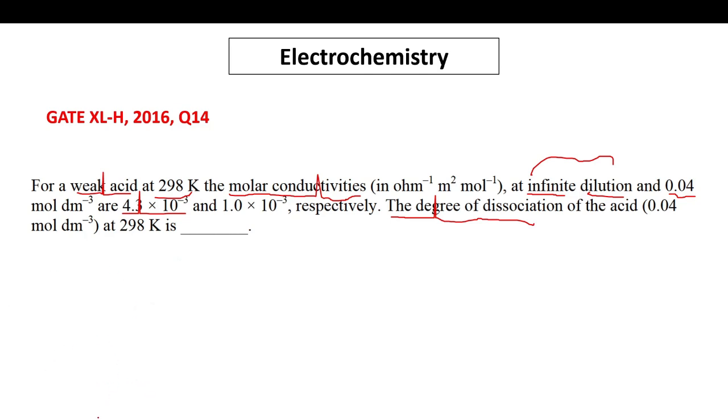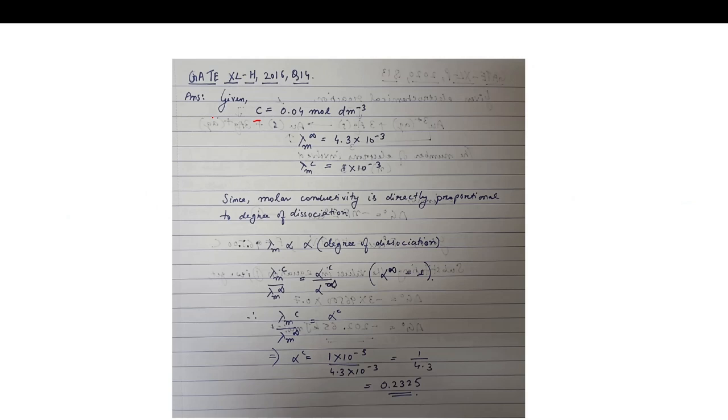Now what they are asking is to find the degree of dissociation of the acid. Again, the concentration is given as 0.04 mole per decimeter cube, as I discussed, so I have written it here. These are the molar conductivities given at infinite dilution and at a particular concentration C of your electrolyte.